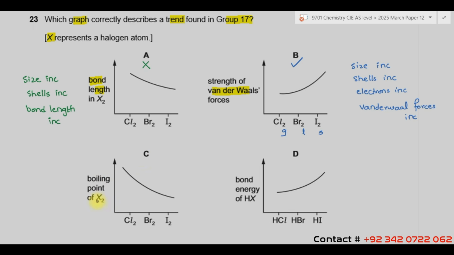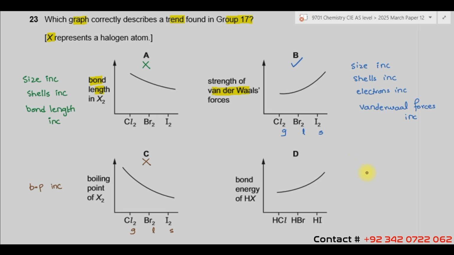We have boiling point. So again, chlorine is gas, bromine is low boiling liquids, iodine is solid. So boiling point increases as intermolecular forces increase, while this trend shows decrease, so it is wrong. Then we have bond energy: HCl, HBr, and HI. So bond energy depends on the electronegativity and bond strength.